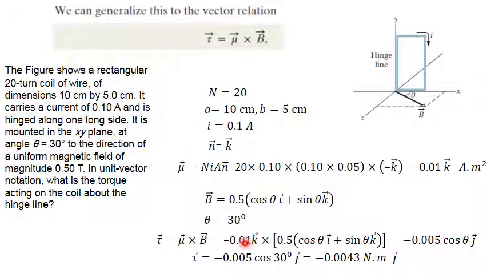And according to this, it would be minus 0.005 cosine theta in direction j. The minus is originally there, and k cross i is j. And theta is 30 degrees. If we apply theta of 30 degrees, we find that the torque in this case would be minus 0.0043 Newton meter in the direction of j.